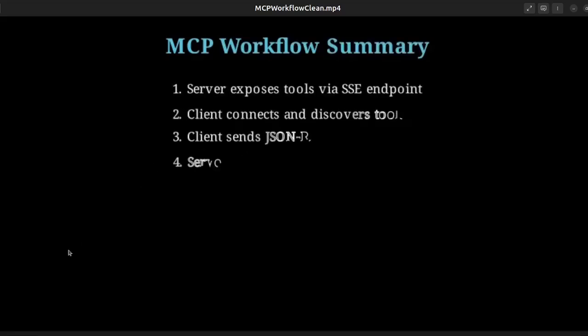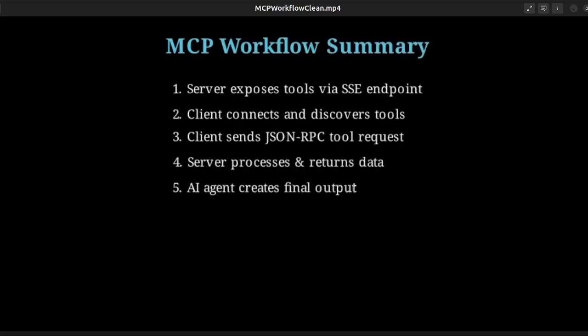This is now the summary of the MCP workflow. First the server exposes tools via SSE endpoints, and then the client connects and discovers tools. As I already said, this client is your AI agent. If you don't register the tools, it will never find them, or if you never turn on the server, it will never discover these tools.